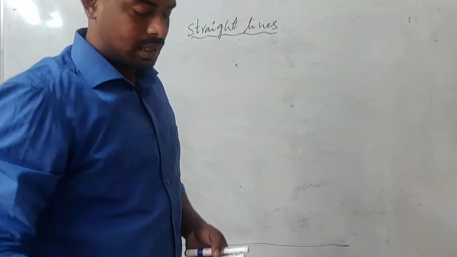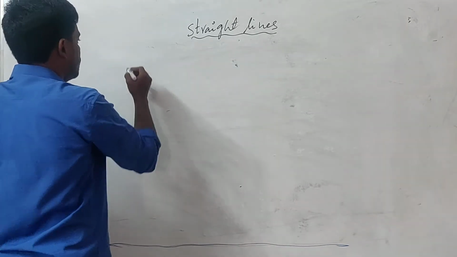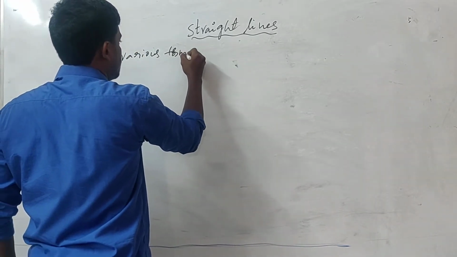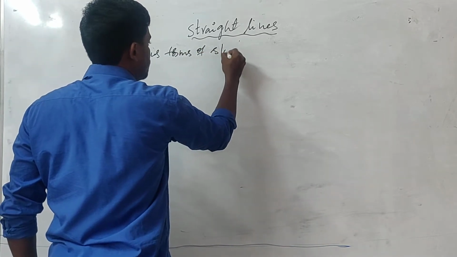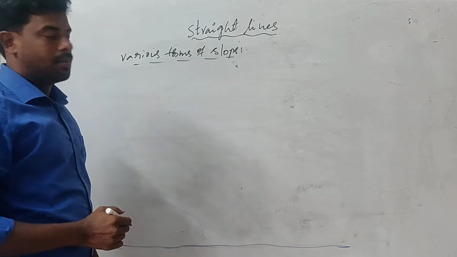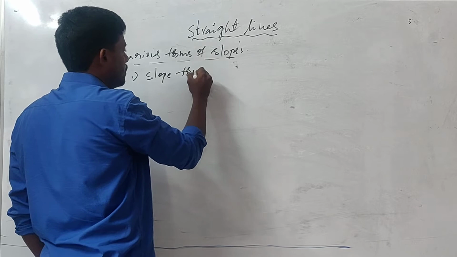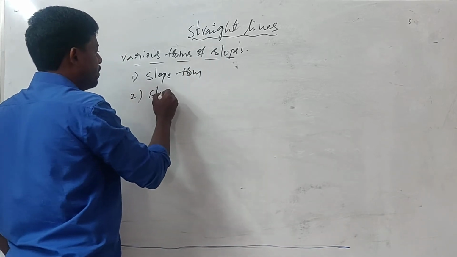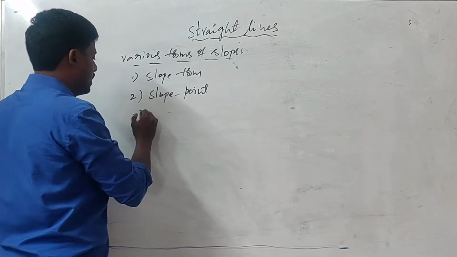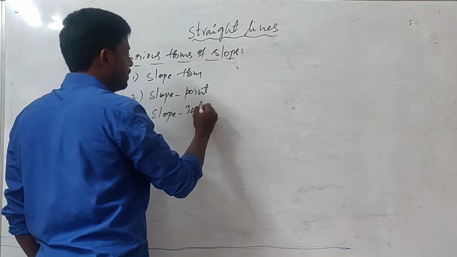Coming to the next step, different forms of slopes. Various forms of slopes. So we have a number of formulas. First one is slope form. Next, slope and point form. Third one is slope and intercept form.